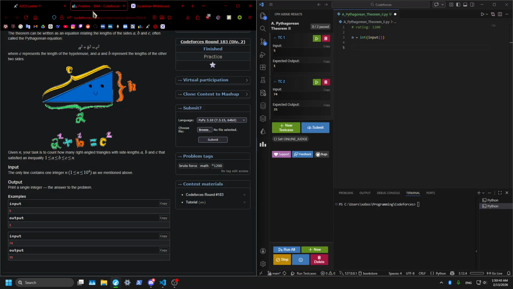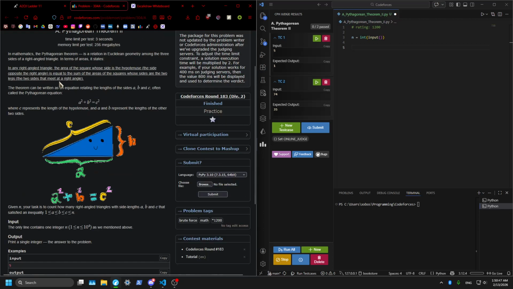But if decimals exist, there's like infinity of them, right? Am I tripping? In any right-angled triangle, the area of the square is equal to the sum. Yes, I understand. A squared plus B squared equals C squared, means A, B, C satisfy.